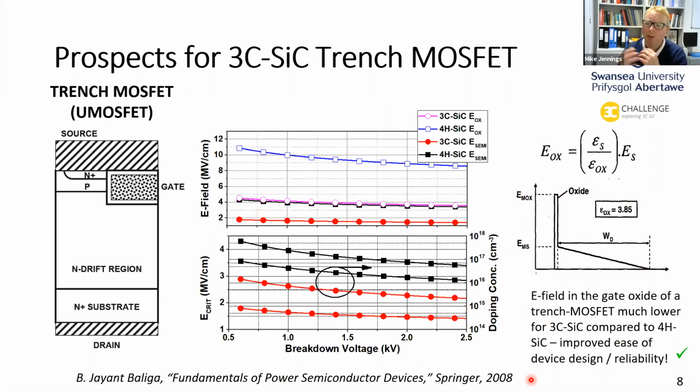Therefore, the device intervention, the specific designs to mitigate that field, is needed, because you need to get it down to about 3 megavolts per centimeter. But the clever things we need to implement in the device are less stringent for cubic silicon carbide than for 4H. So again, this means improved reliability for trench power MOSFETs, and we've got a real chance of making trench MOSFETs work in cubic silicon carbide.